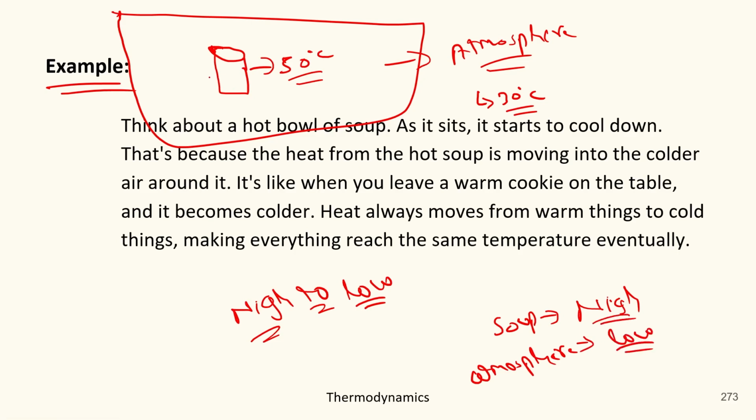Okay. So the transfer of heat will begin from the bowl to the surroundings. And this flow will continue till both the soup bowl and the surroundings, or the atmosphere, get the same temperature.